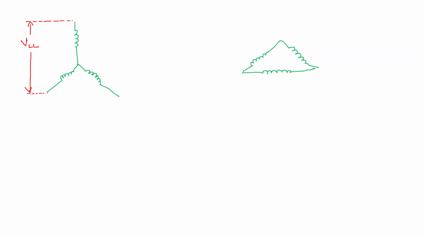So this is your star, and this is your delta winding. Suppose this is your V line to line. This is V phase.